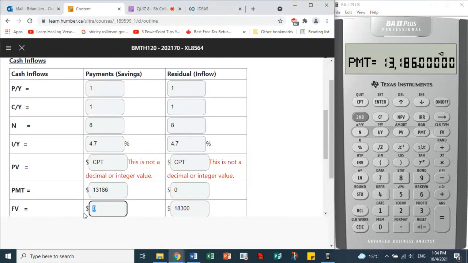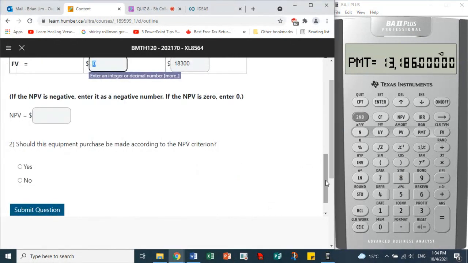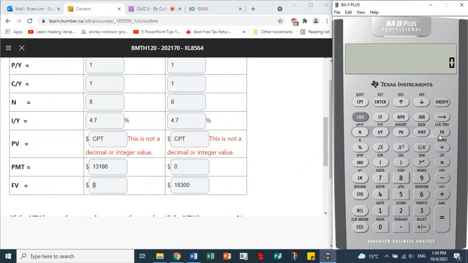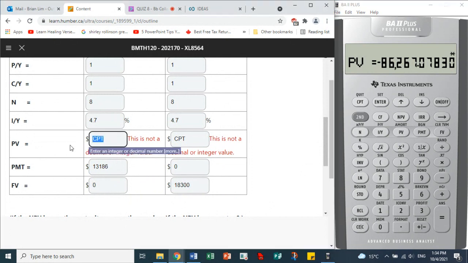We're doing one at a time, so we do this one here first, and we will put the 0 in for the future value. And then we compute the present value. And the present value works out to be negative 86267.08. We're rounding to the nearest cent.